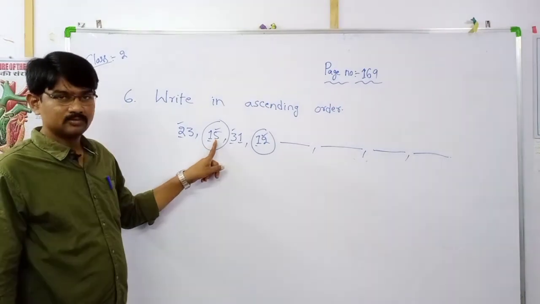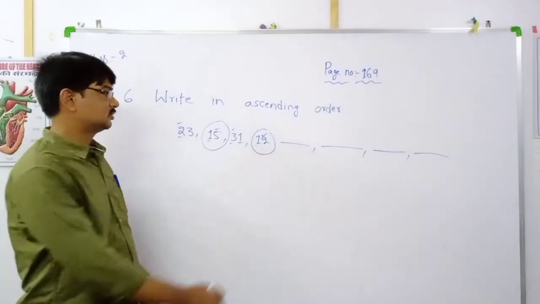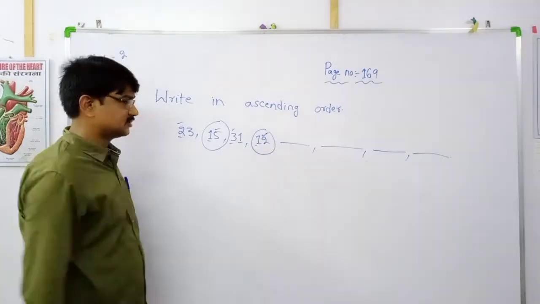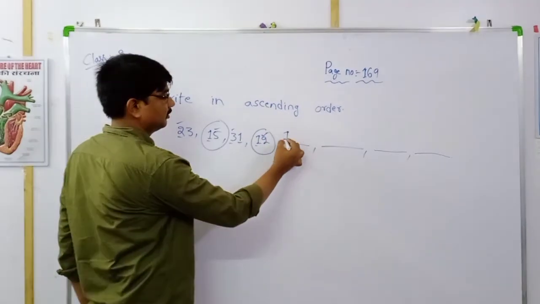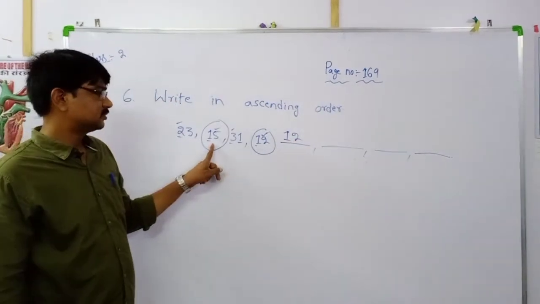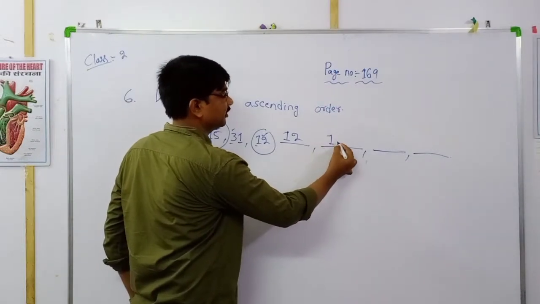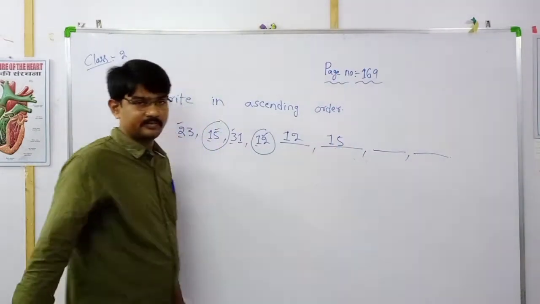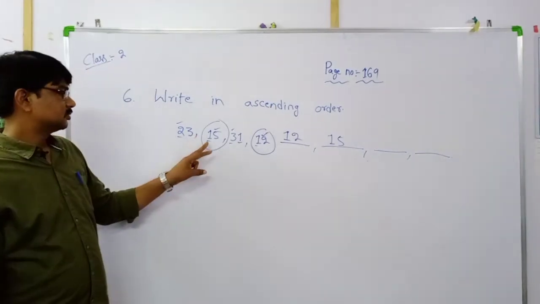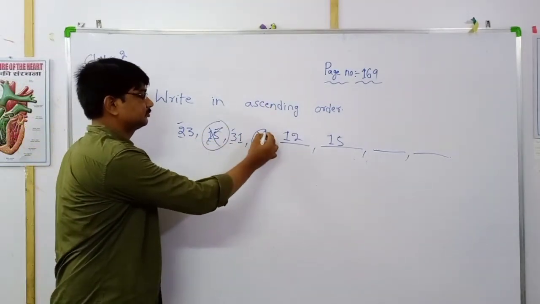Here 5, here 2. Which is the smallest? This one. So first number 12. Next second number 15. These 2 numbers are over, so just cross them.